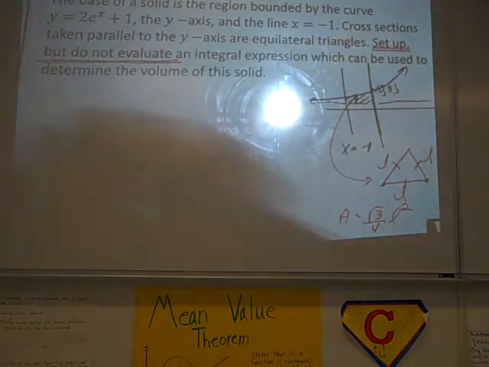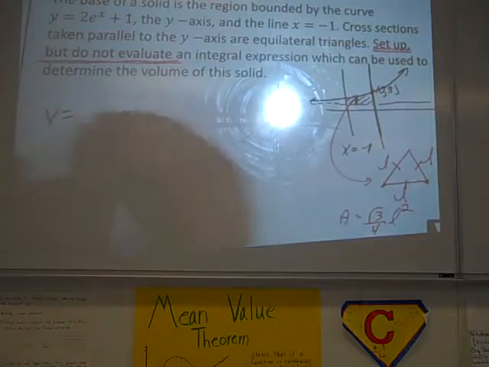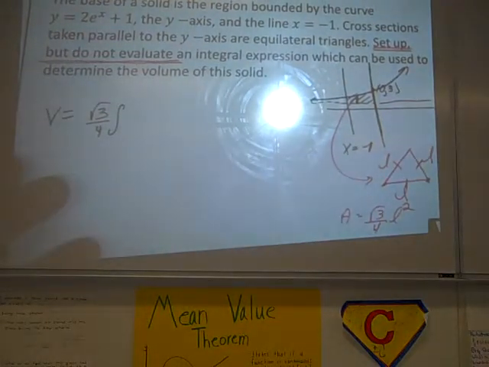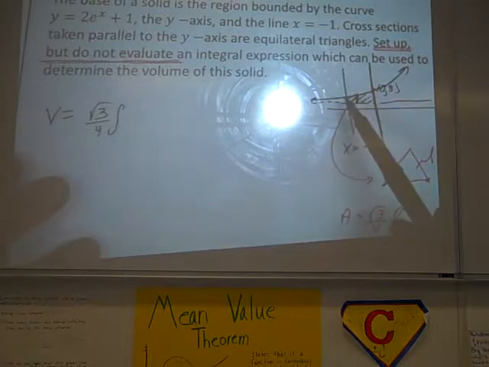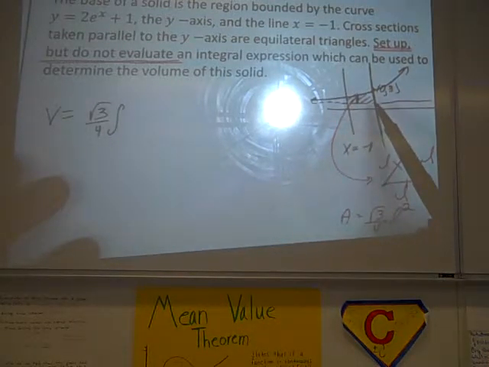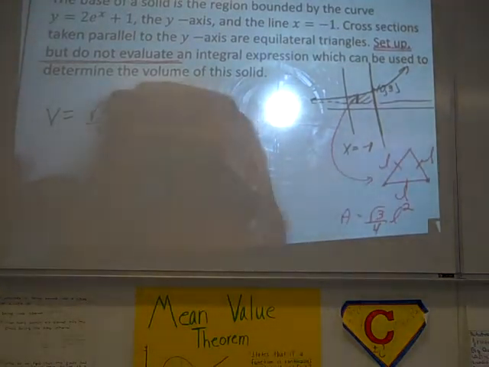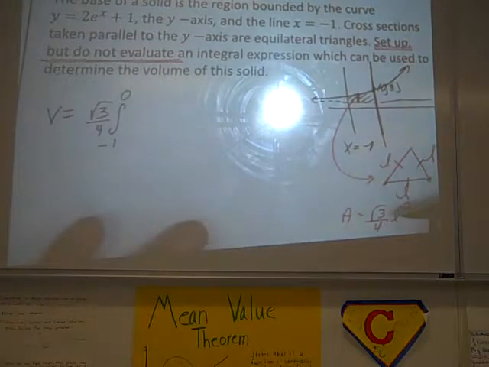The volume then is going to be the square root of 3 over 4. We're going to integrate from where to where? Well, it looks like we're integrating from x equals -1 to the y-axis, which is x equals 0. How long are the slices?